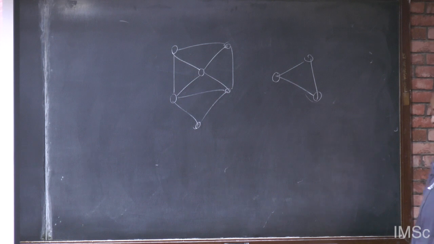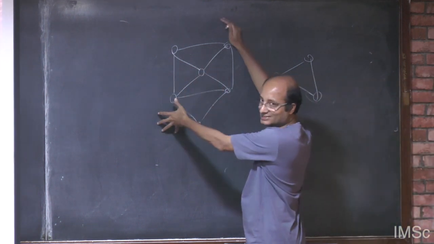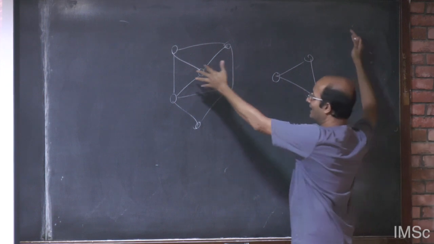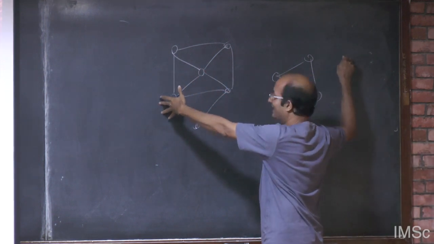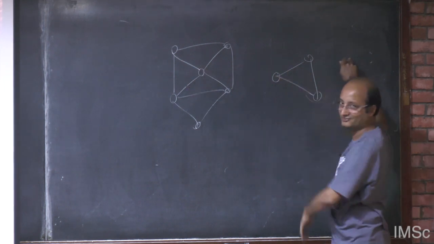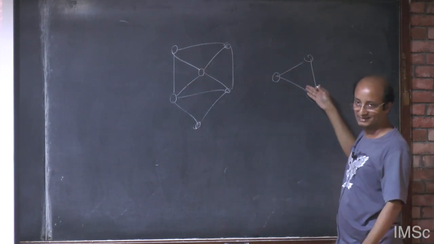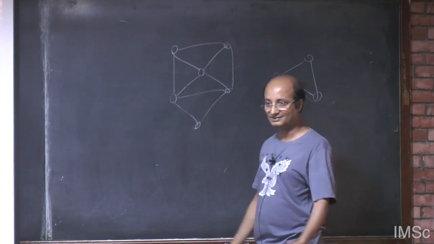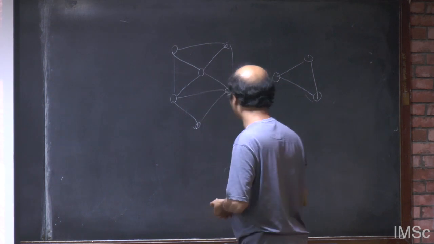As long as I confine my attention just to this fragment or just to this fragment, I'm okay. But when I start considering paths going from this fragment to this fragment, I get in trouble because the path length from here to here is infinite. And so basically I'll end up with a nonsensical average measure.